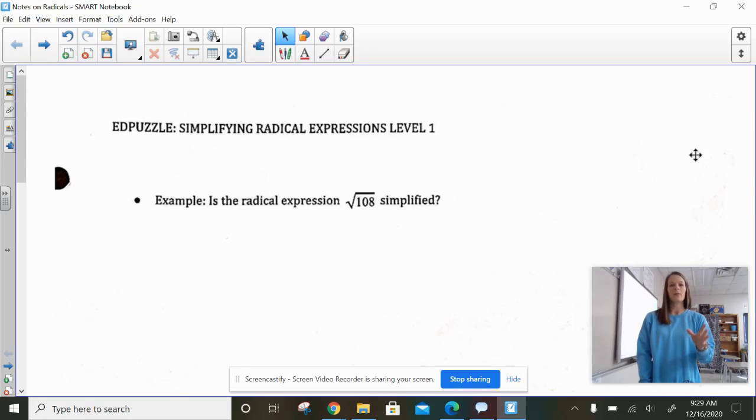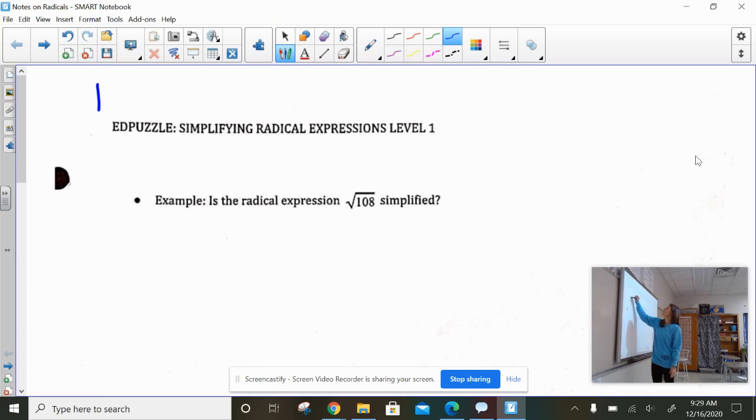On a sheet of paper, I'm going to go through 3 examples of how to simplify radical expressions. First thing we need to remember when simplifying a radical expression are your prime numbers.